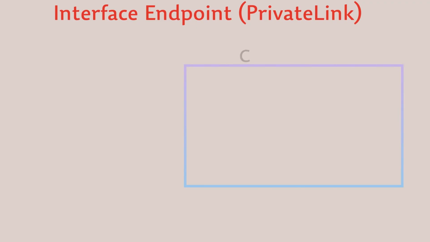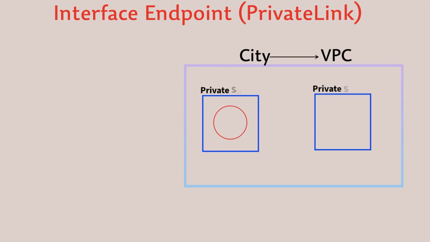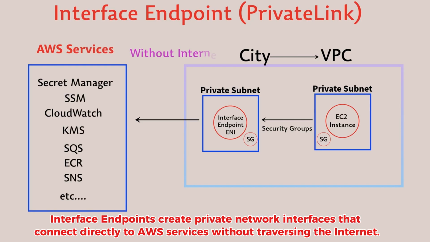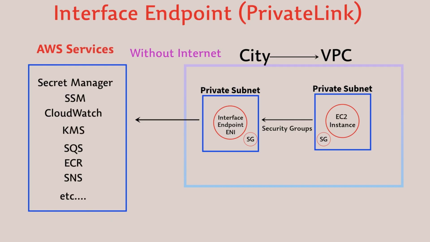Let's see now the interface endpoint, which behind the scenes is using AWS PrivateLink. You can consider it a technology running behind. So an interface endpoint is a VPC endpoint that uses elastic network interfaces (ENIs) with private IP addresses to privately connect your VPC to supported AWS services, AWS Marketplace services, or your own services without requiring an Internet Gateway, NAT Gateway, VPN, or Direct Connect.